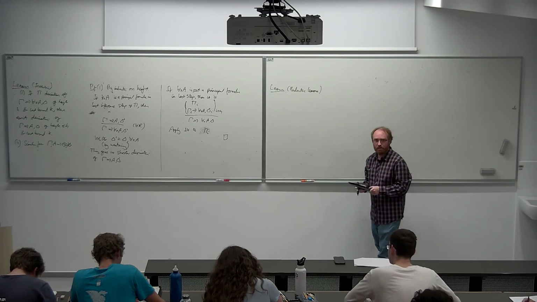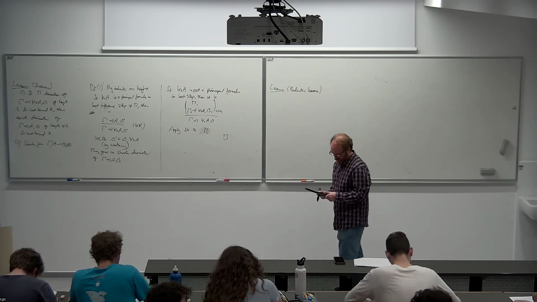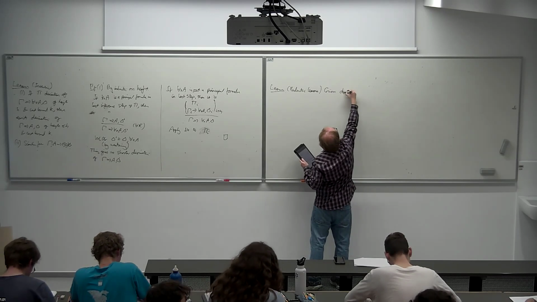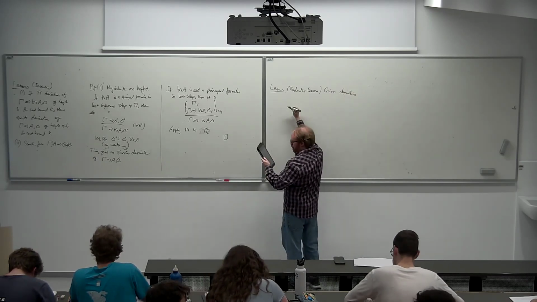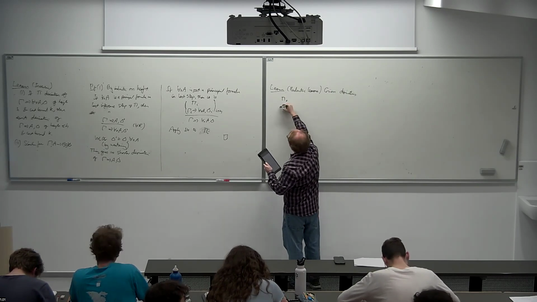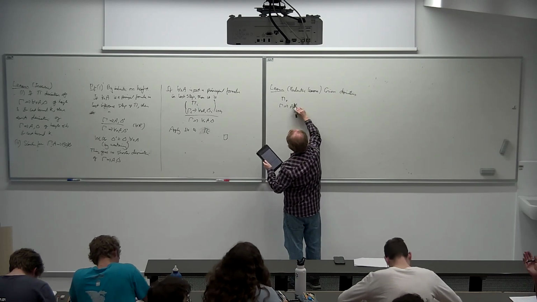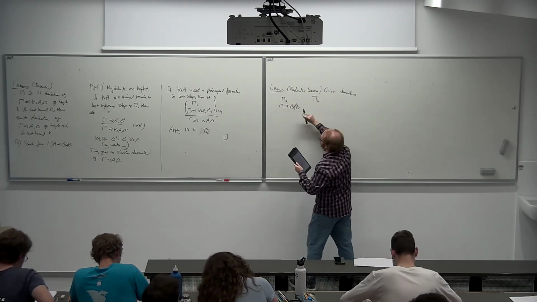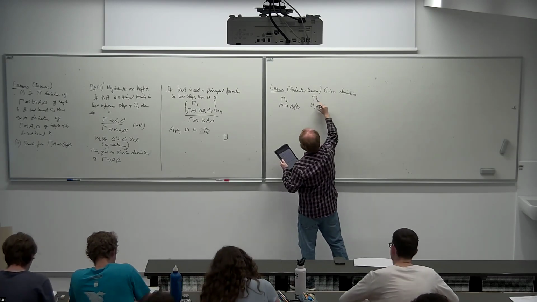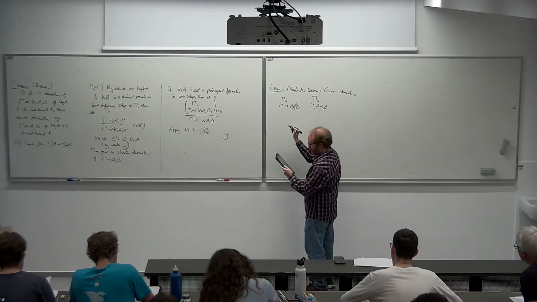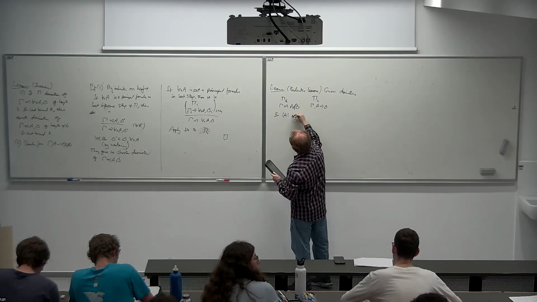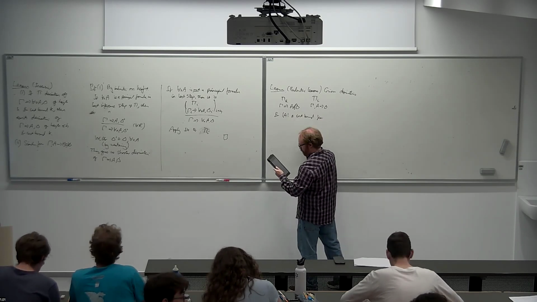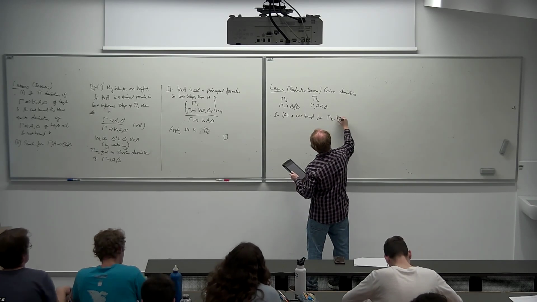So given derivations pi r of gamma to delta, and sorry, this is pi r, and then pi l, sorry, pi l of gamma to delta, and rank of A a cut bound for pi l and pi r.